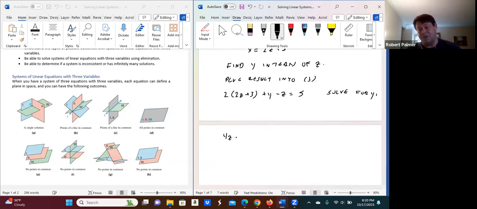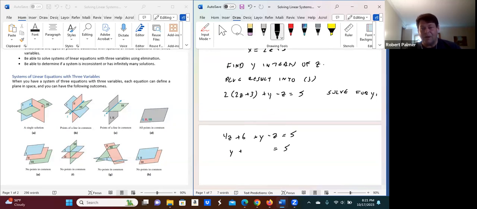I have 4z plus 6 plus y minus z is equal to 5. Combine like terms. I'm sorry, that's a z, that's not a 4. That should be a 6. So take that back. Sorry about that. Okay, so erase this.